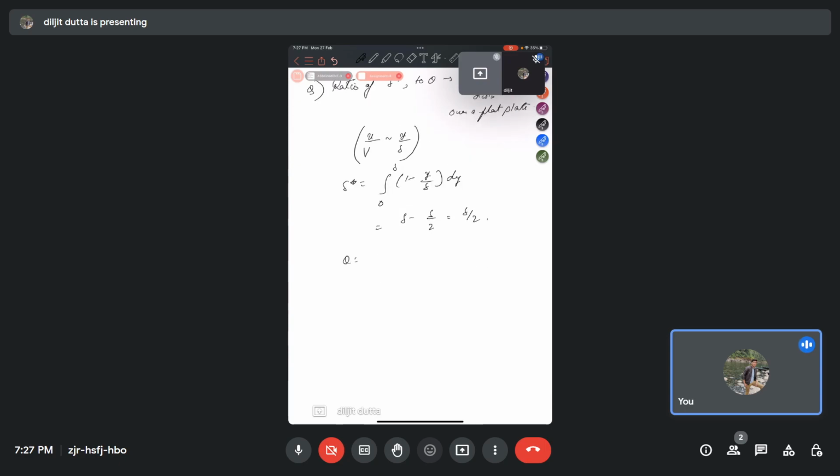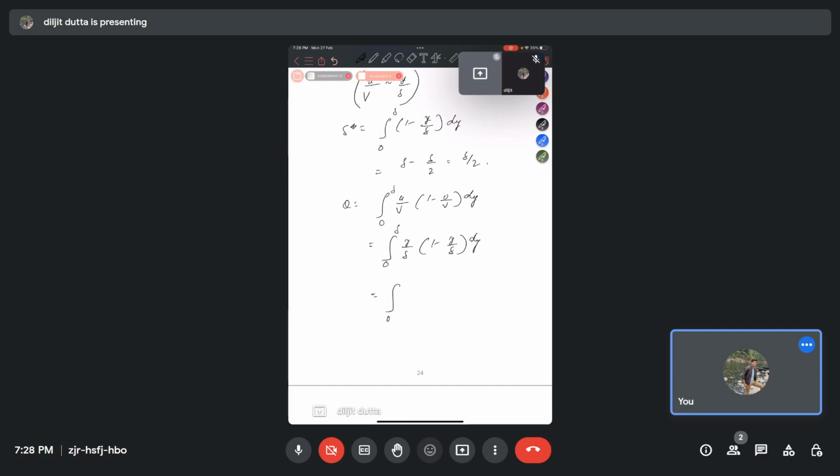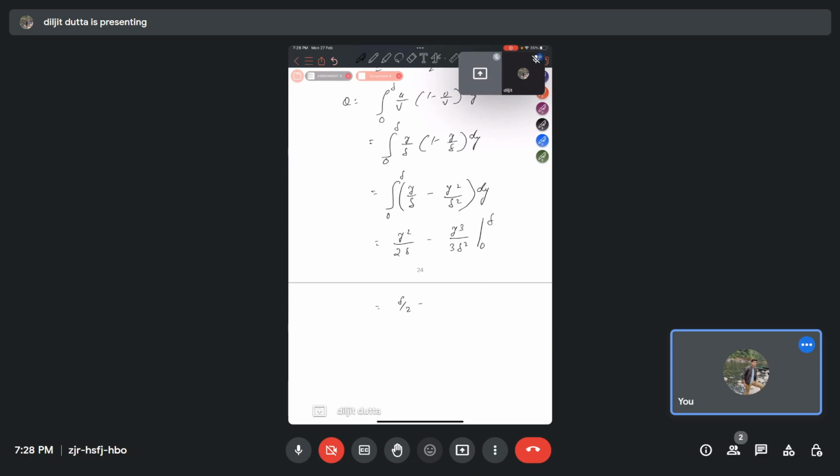Now theta is the integral from 0 to delta of u by V times (1 minus u by V) dy. If I solve this, it gives delta by 2 minus delta by 3, which is delta by 6.